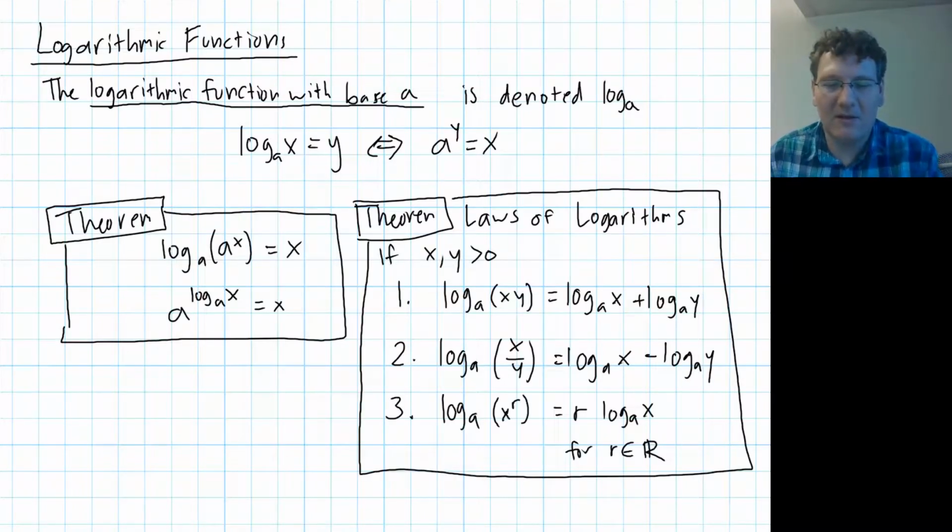And thirdly, the logarithm base a of x to the power r will be r times log base a of x. And so you can think of it like, what exponent is going to turn an a into x to the r? If you raise a to the log base a of x, that will turn a into x, and if you then raise that to the power r, it's going to become x to the power r.